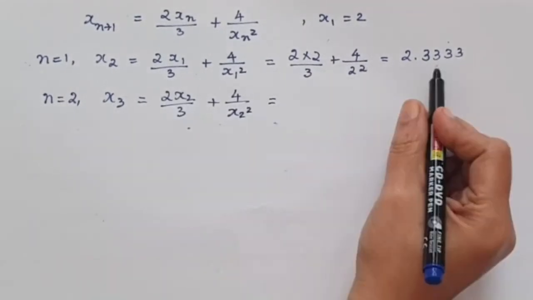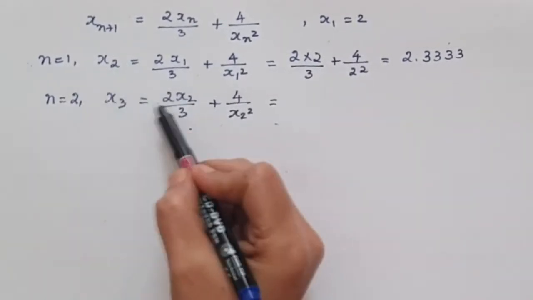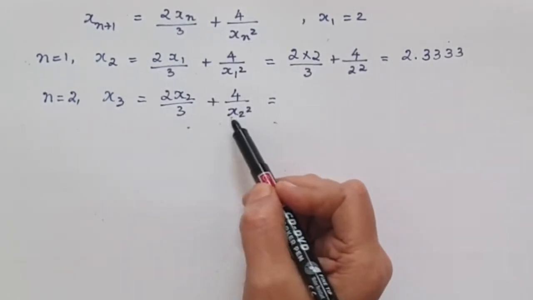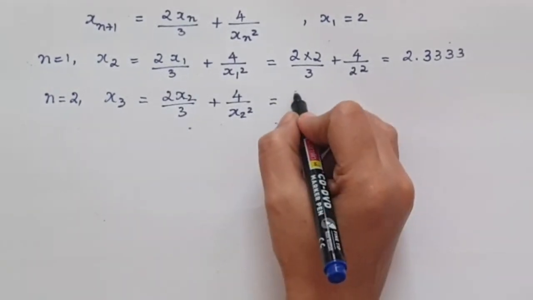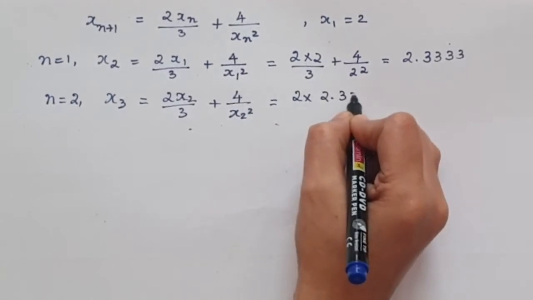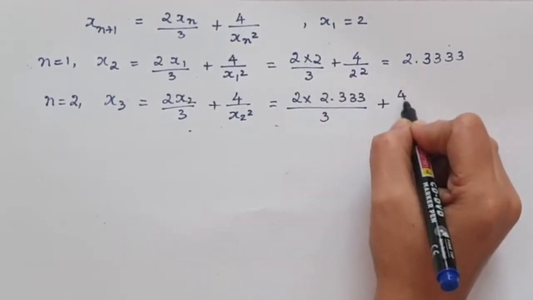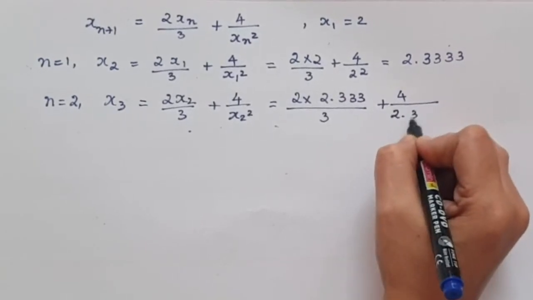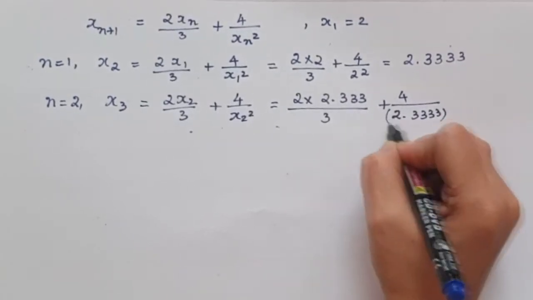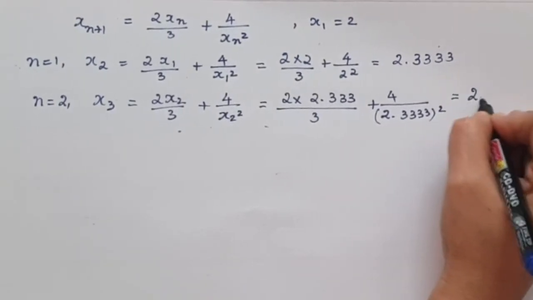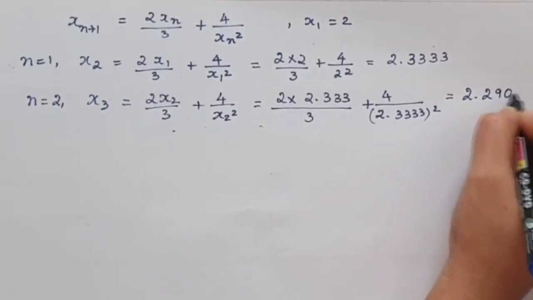So we just substitute this value wherever there is an x2. We replace this 2.333. That is 2 into 2.333 divided by 3 plus 4 divided by 2.333 whole square. So when we simplify with the calculator, we get it as 2.2902.